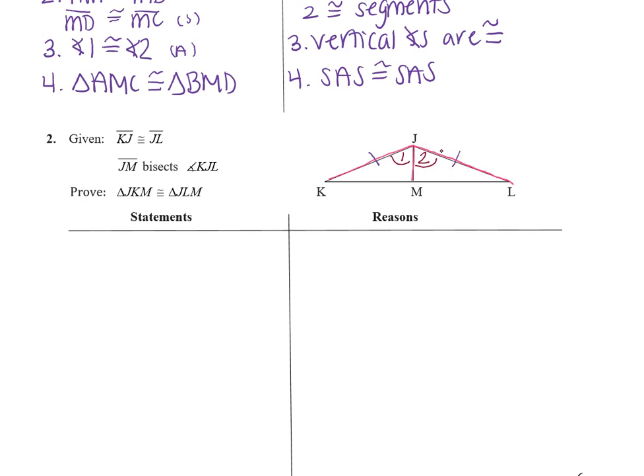Okay, so I got to remember to talk about that. I'm trying to prove that these two triangles side by side here are congruent. Something that I'm seeing is they have a shared side, JM. So I'll have to talk about that with reflexive property. So based on my picture here, I have side, angle, side. So I have the triangles then congruent by side, angle, side. So this is my plan. I just got to write it up now.